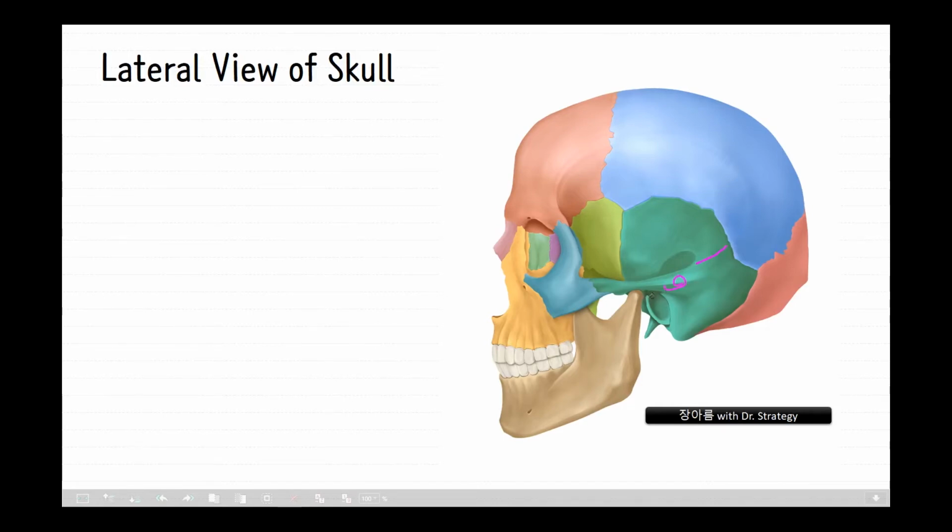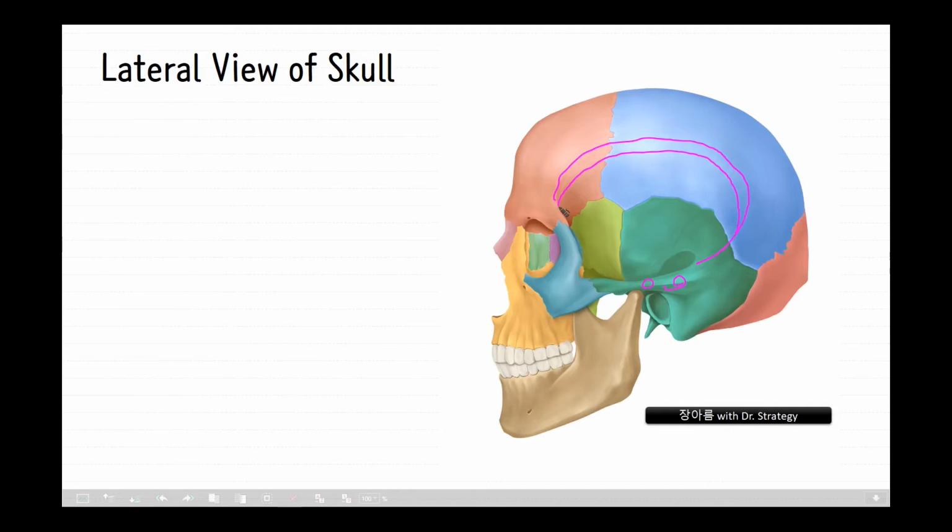This is the zygomatic process. Above the temporal fossa, it divides into the superior temporal line and inferior temporal line, and continues on the parietal bone like this. Superior and inferior temporal lines like this.